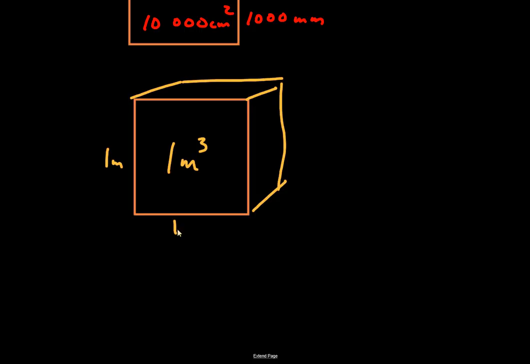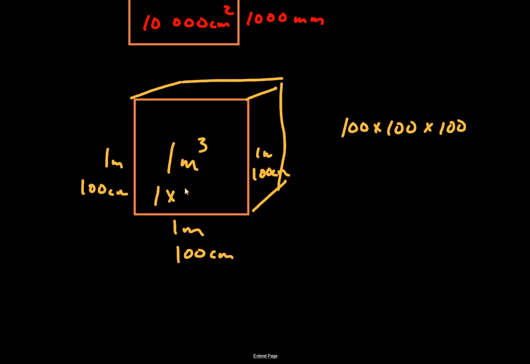We've got 1 meter, 1 meter, and 1 meter. We've got 100 centimeters by 100 centimeters by 100 centimeters. So what you end up with here is 100 times 100, so 10,000 times 100, you actually end up with 1,000,000. 1 times 10 to the 6 centimeters cubed, or 100 cubed. So 1,000,000.